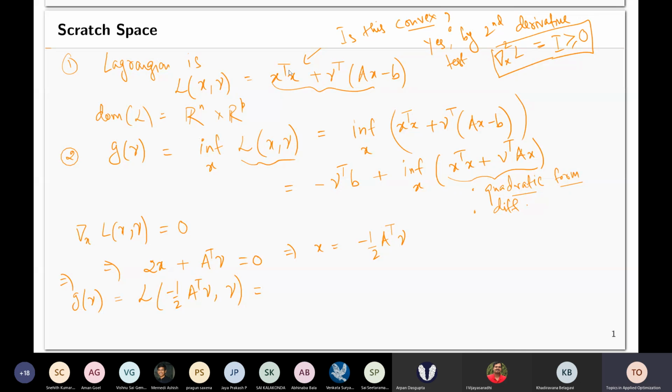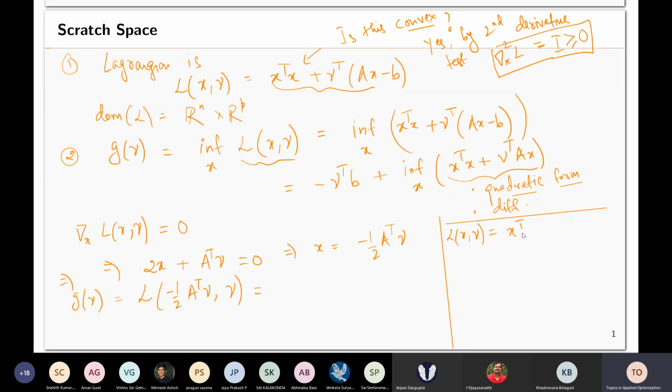Now I have to evaluate this here, right? So we substitute x here. Do we see some term here and some connection with this? Let us work it out. It seems like it may be simplified further.